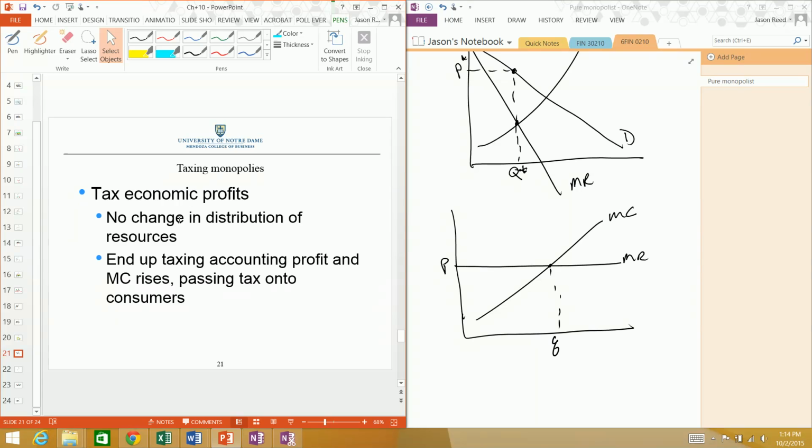So we're already way below our perfectly competitive outcome. And just by taxing those accounting profits, we increase marginal costs here. And this increase in marginal costs will essentially be passed on to the consumer. And we can do this because of the inelastic nature of the firm's demand curve.